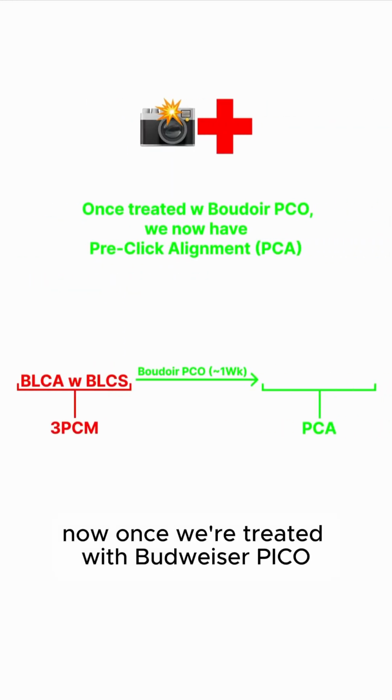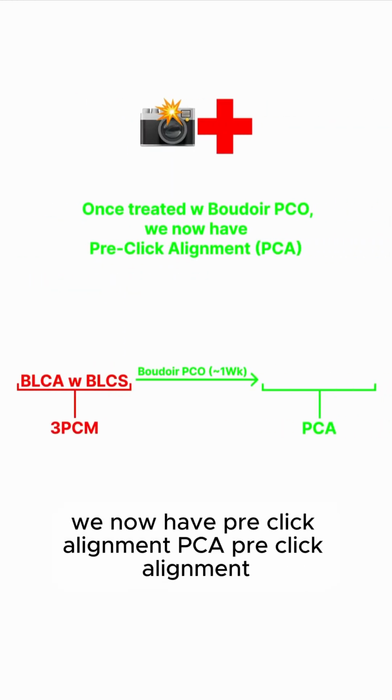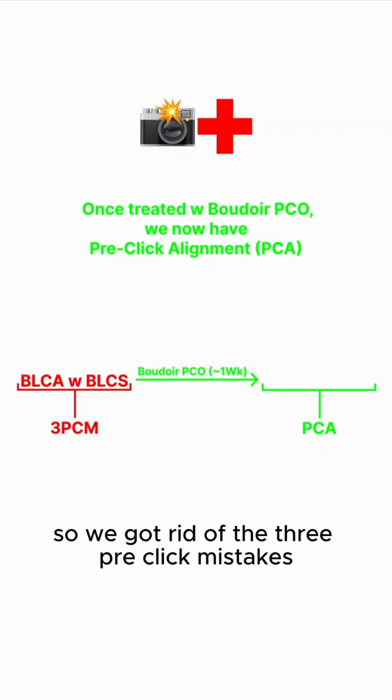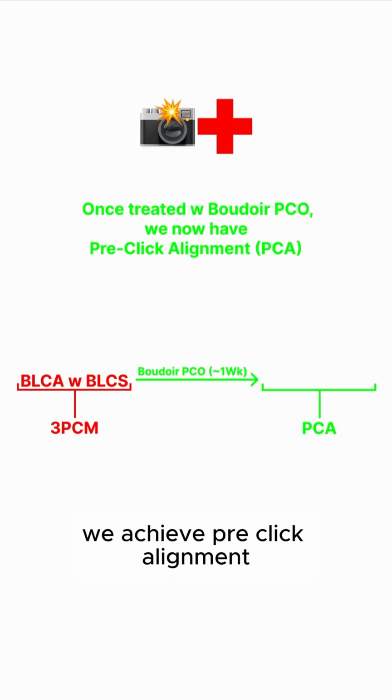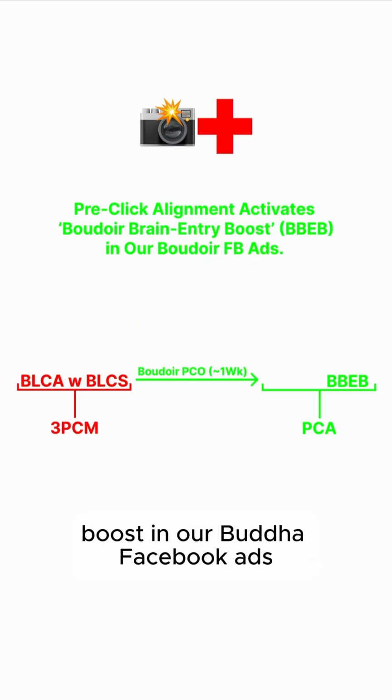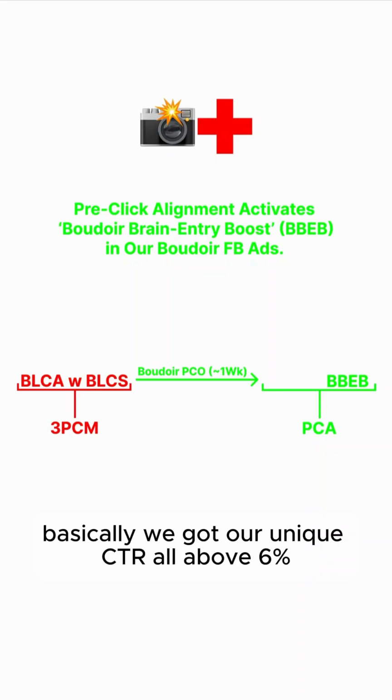Now, once treated with boudoir Pico, we have pre-click alignment, PCA. So we got rid of the 3 pre-click mistakes. We achieve pre-click alignment, and pre-click alignment activates boudoir brain entry boost in our boudoir Facebook ads. Basically, we got our unique CTR all above 6%.